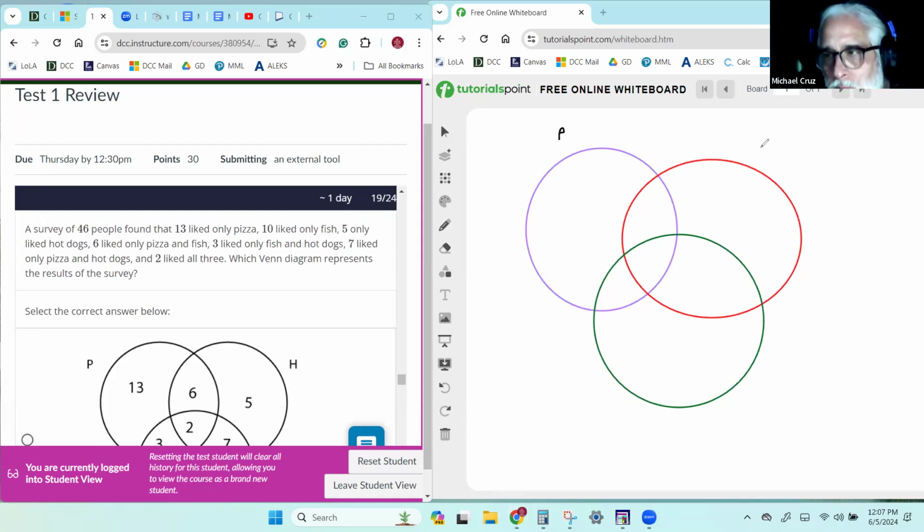P, H, and F. Fish. All right, so 2 liked all 3. 7 liked only pizza and hot dogs, so this is going to be 7 there. 3 liked only fish and hot dogs. 6 liked pizza and fish.